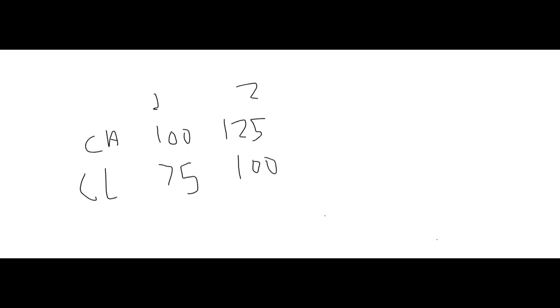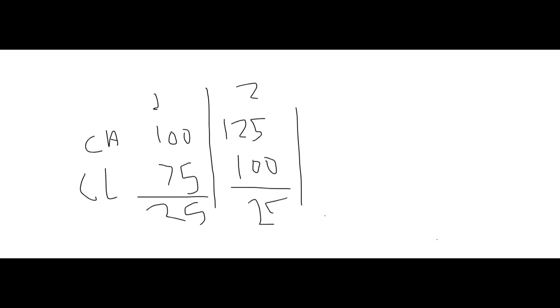Now, there are two ways. If in year one I calculate working capital, 100 minus 75, it is 25. And in the second year, 125 minus 100, it is 25. So my change, 25 minus 25, will be 0. Luckily we got the same figures.